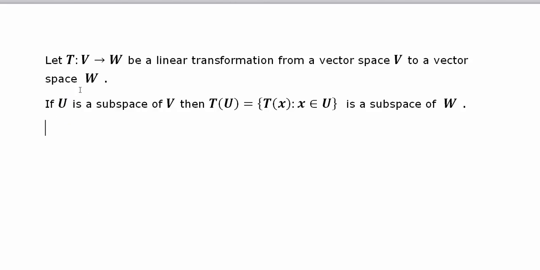So here we are given vector spaces V and W, and T a linear transformation between these two vector spaces.